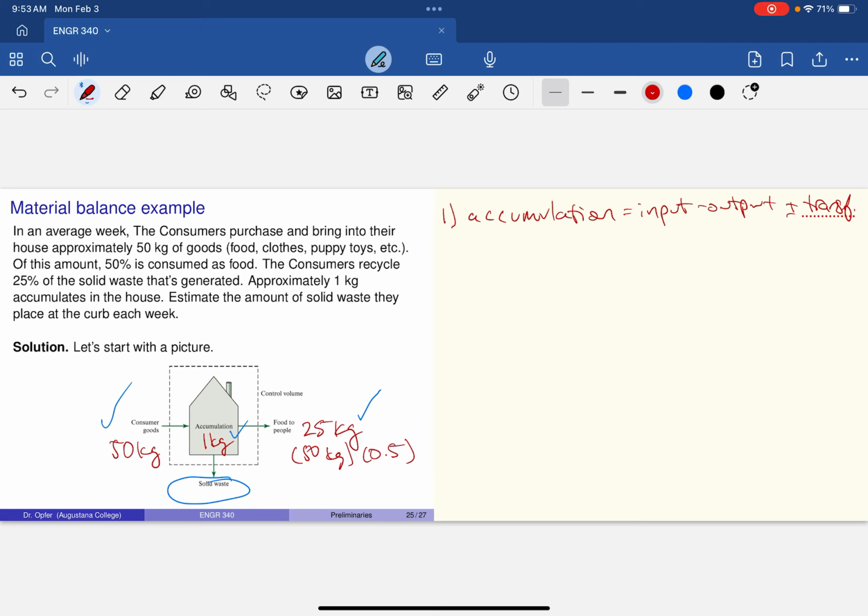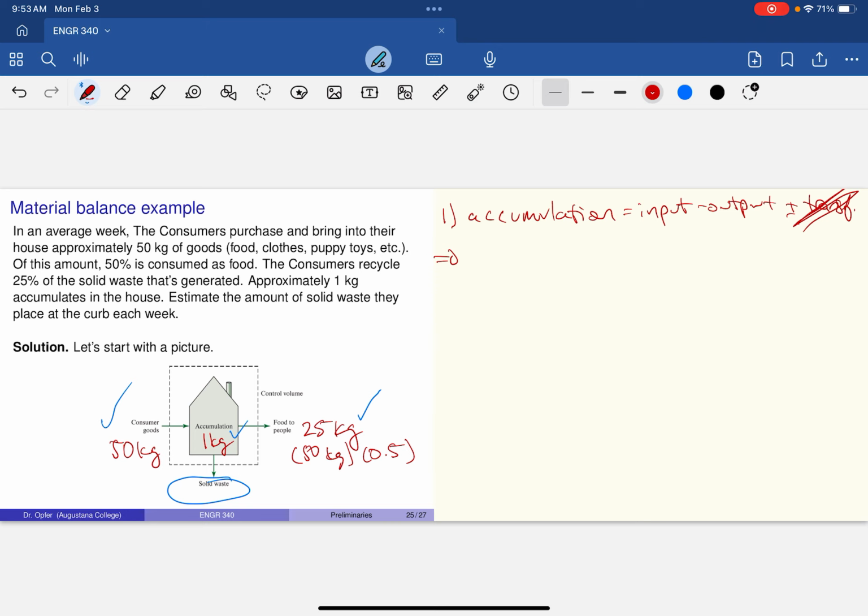Okay, so in this problem, since we're treating food to people as an output, that means that we don't actually have any transformations, right? So the house isn't taking any of this 50 kilograms and transforming it to more house or anything like that. So we don't have any transformations. All we have is accumulations, inputs, and outputs. Okay, so let's get into this a little bit more.